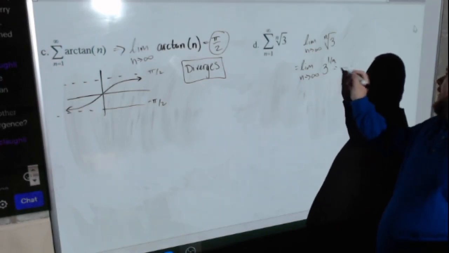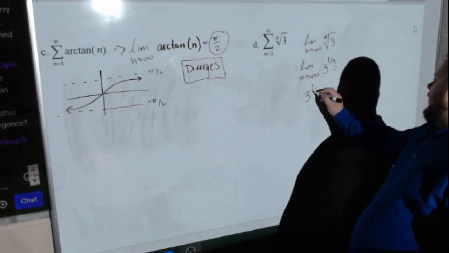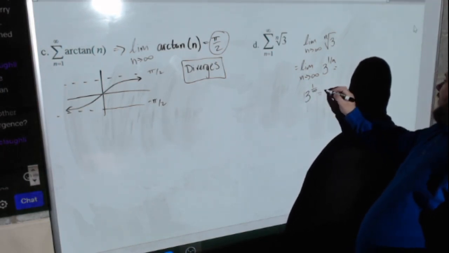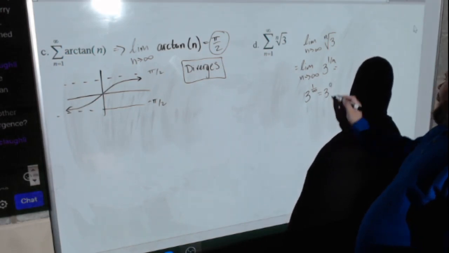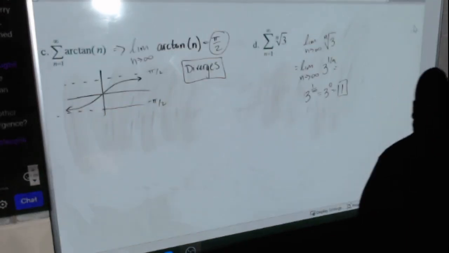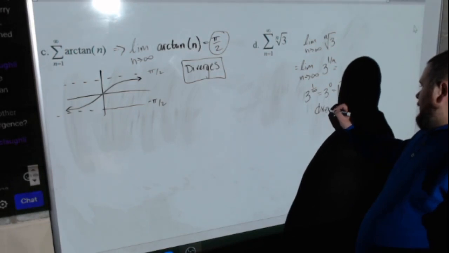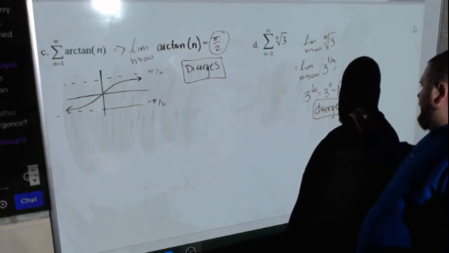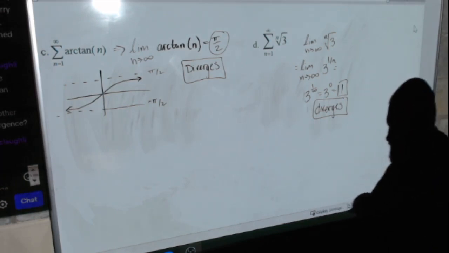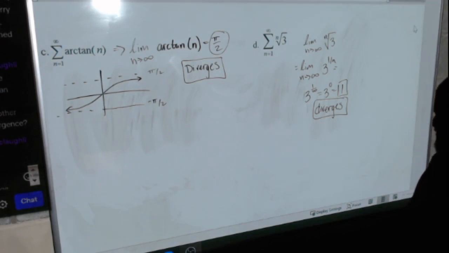So if you plug in infinity there, that's really 3 to the 1 over infinity. 1 over infinity is approximately 0. 3 to the 0 is 1. So this series also diverges. So not a ton to these so far.